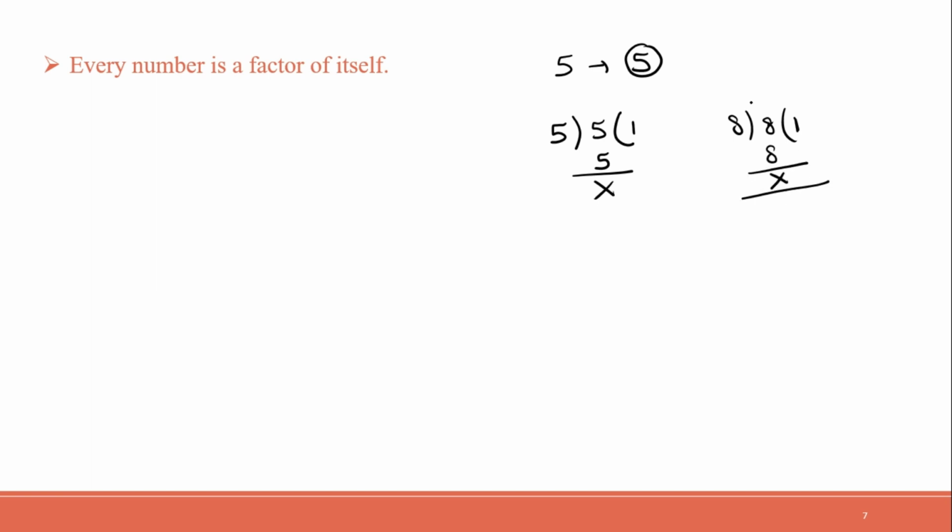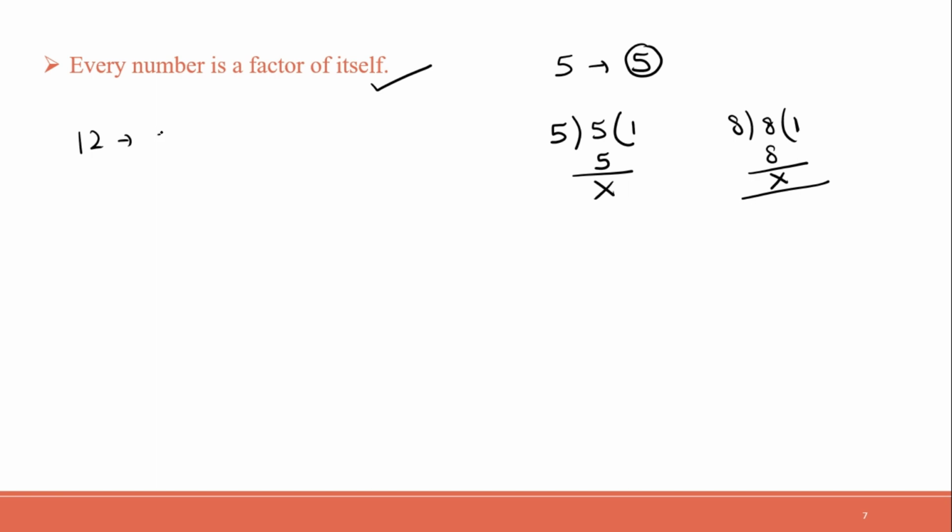No remainder left again. So we can say that just like 1, every number is a factor of itself, as it is written here. That means if I write 12 and I want you guys to tell me two factors of this number 12.